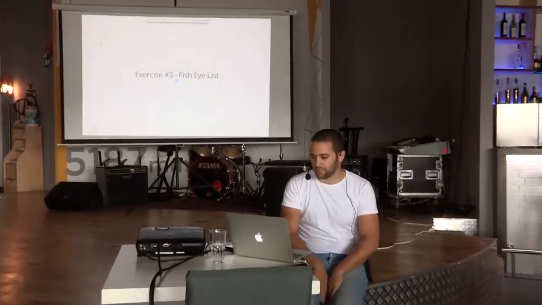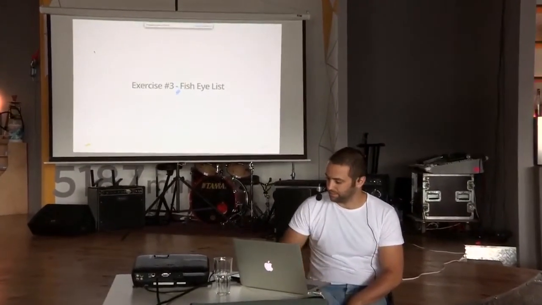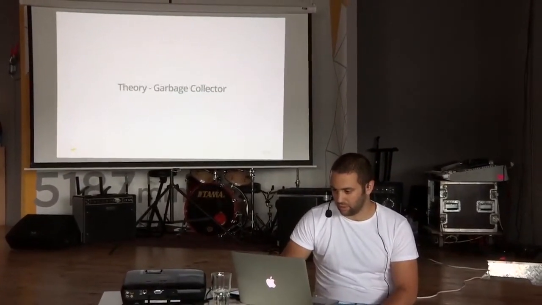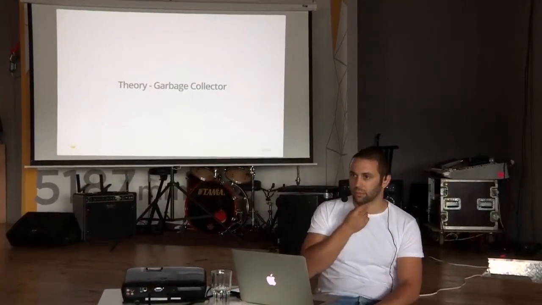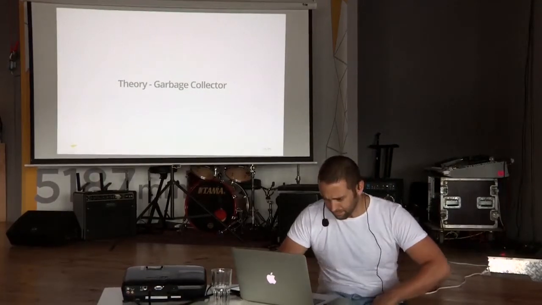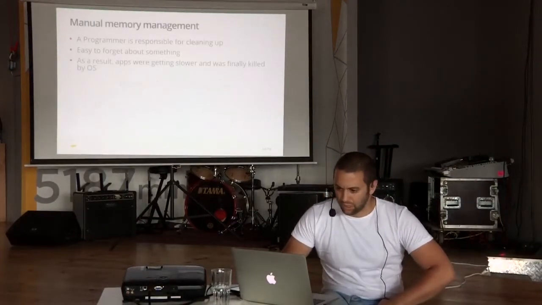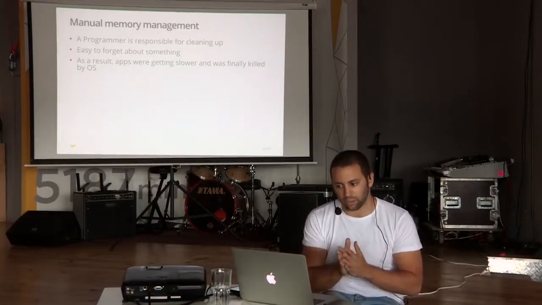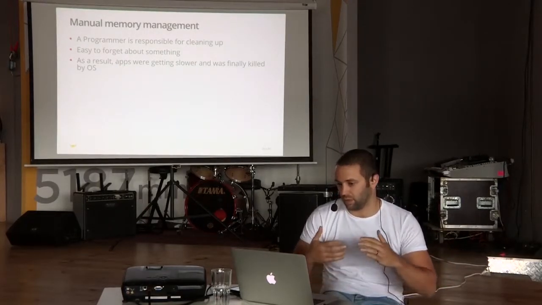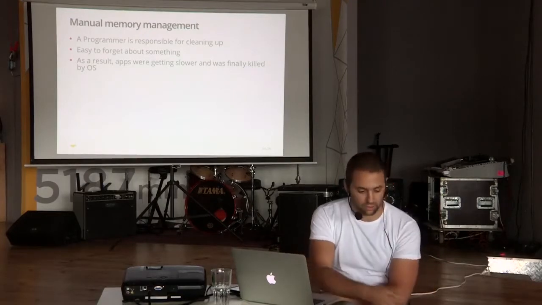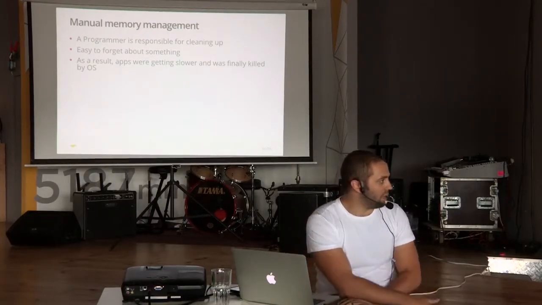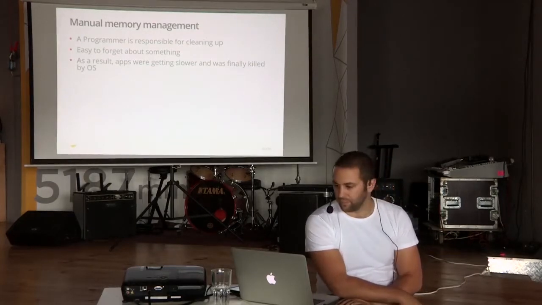So the last part, I'm going to talk a bit about garbage collection and memory management in general. With manual memory management, you as a programmer have to take care of the memory.